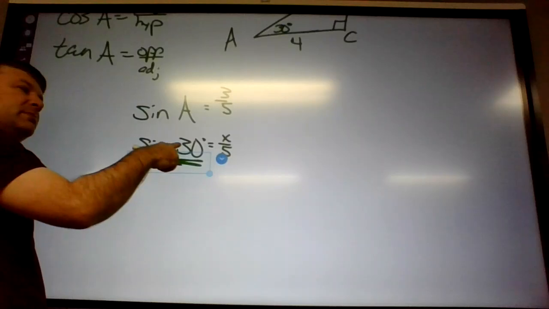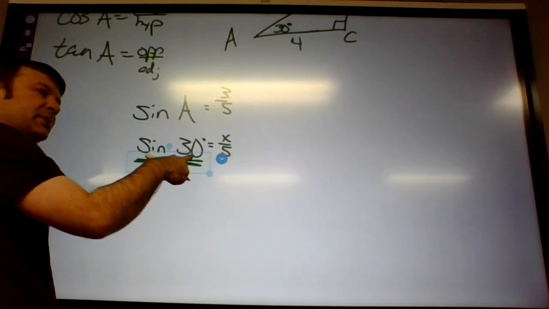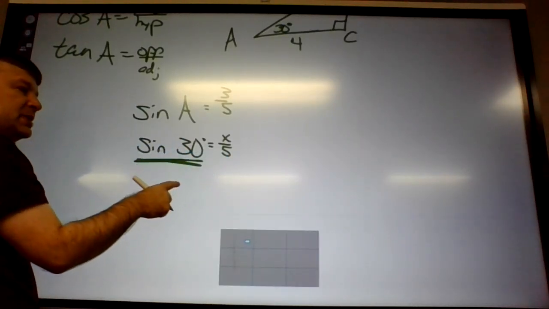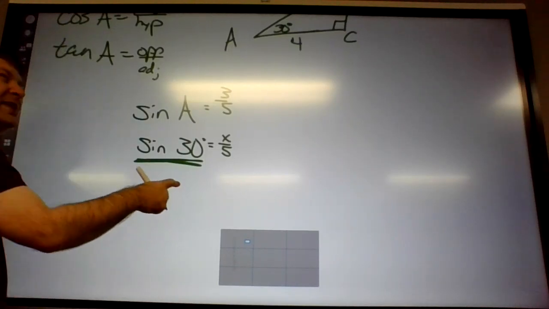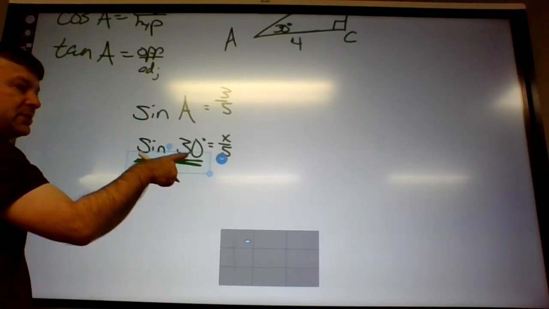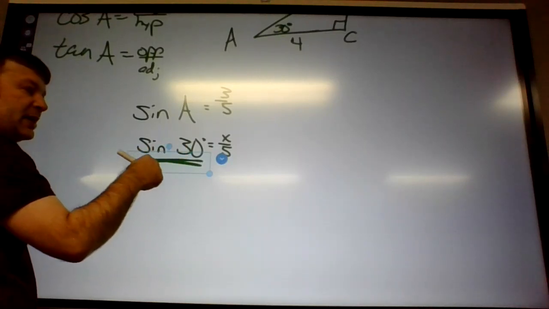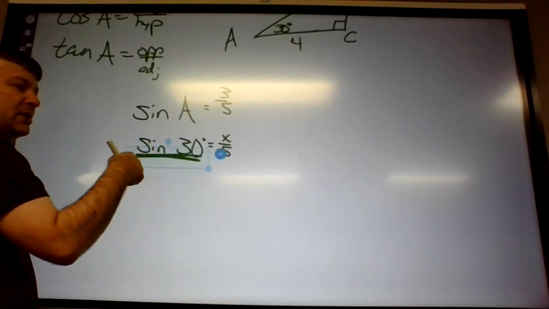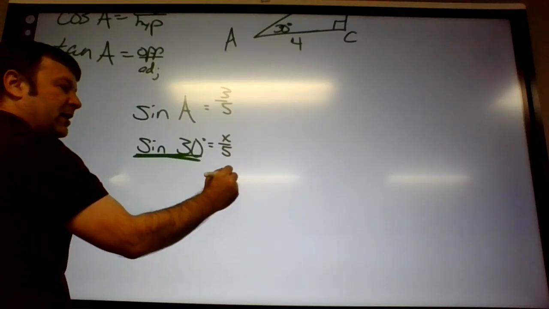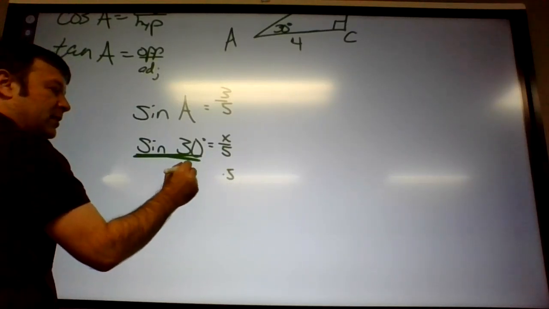By the way, your calculator might still be set on radians from last chapter, so you would need to change it. I don't think there's any radians in this chapter, but I could be wrong. But make sure your calculator's on degrees or you'll get this one wrong. Sine of 30 spits out a decimal. But to solve for x, because this is x divided by 5, you would just multiply by 5.